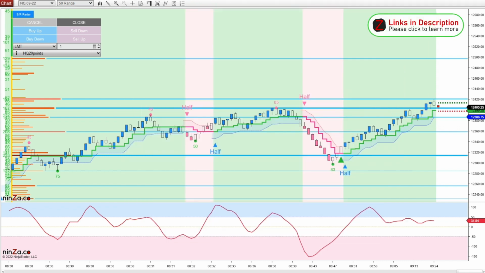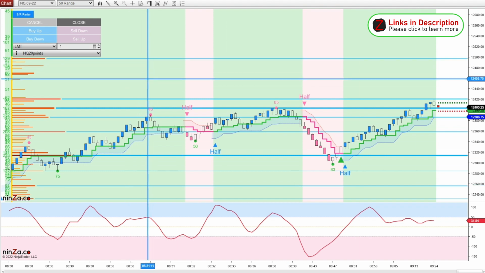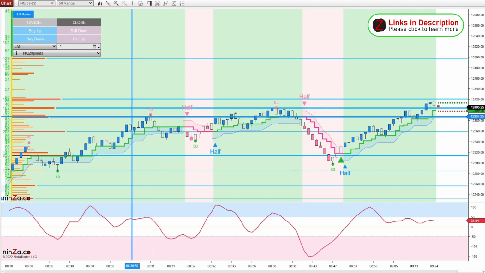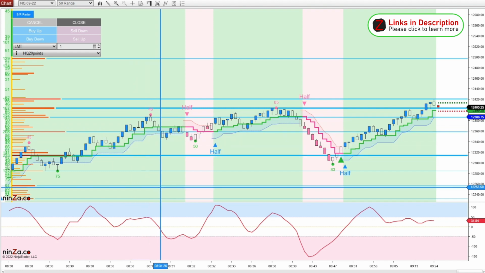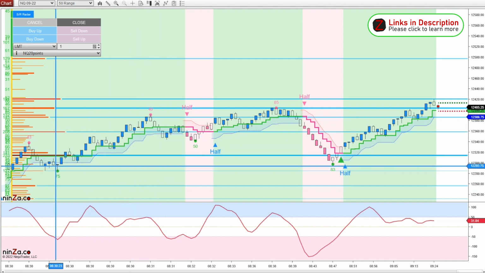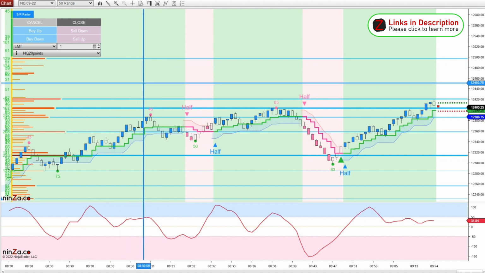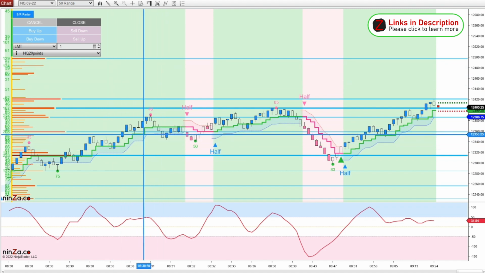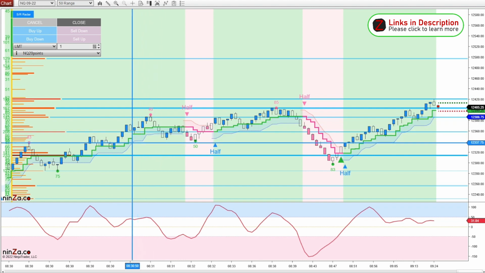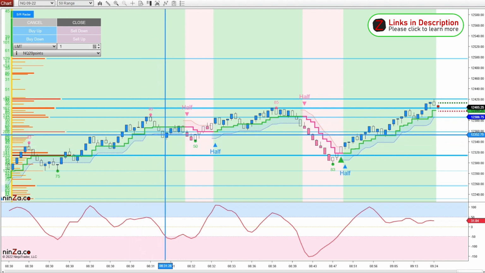So here we have our little system set up with the three main indicators: support and resistance, which is these blue lines from the support and resistance radar, and our trend, which is shading this background green. It's also this green line, and these stop loss lines here.